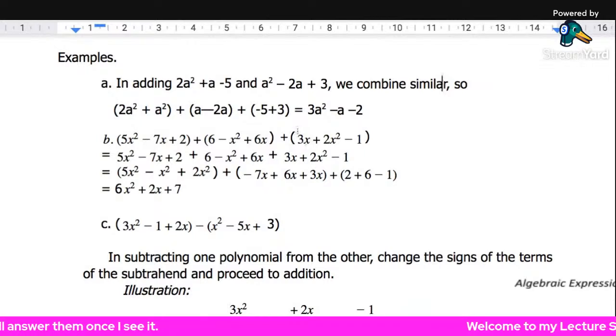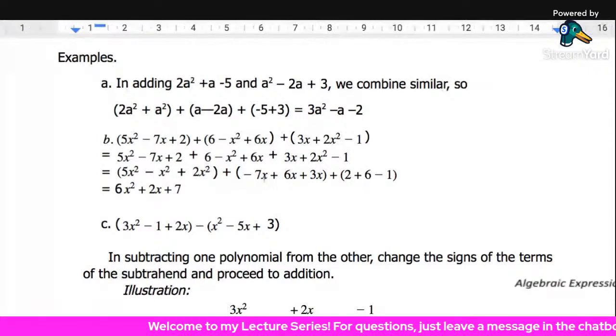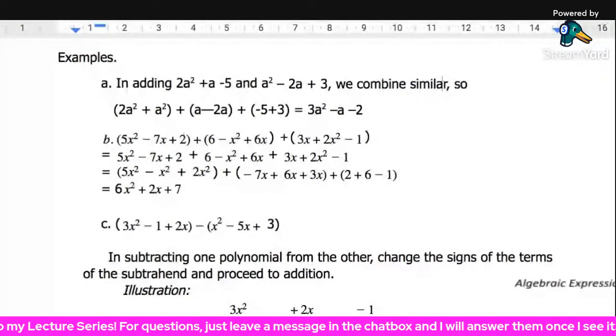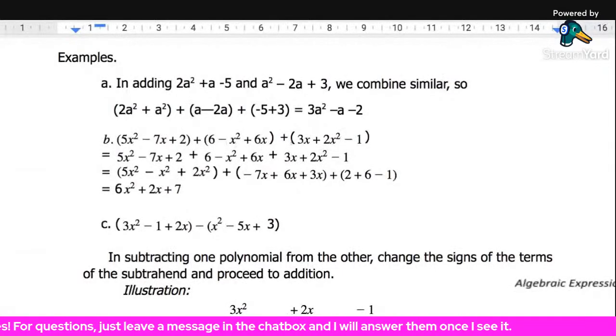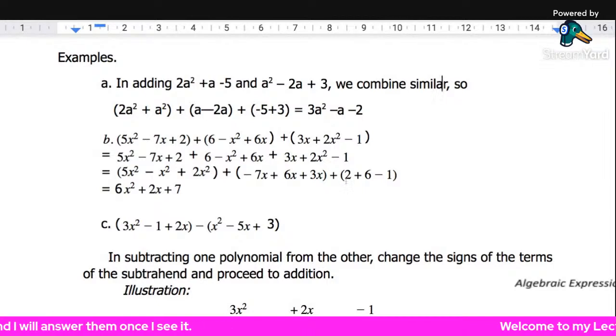So we can combine them together. So we have here now minus 7x plus 6x plus 3x. And then the constants, we have 2, 6, and negative 1. So you have plus the quantity 2 plus 6 minus 1.